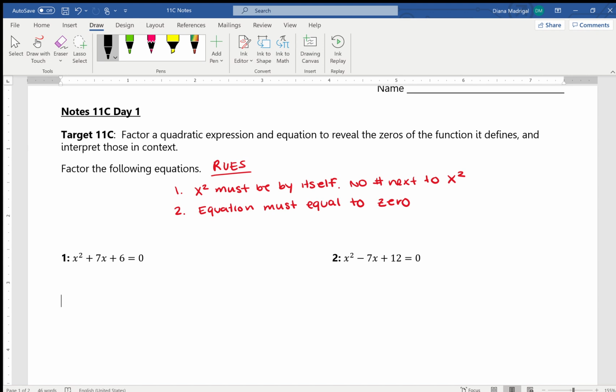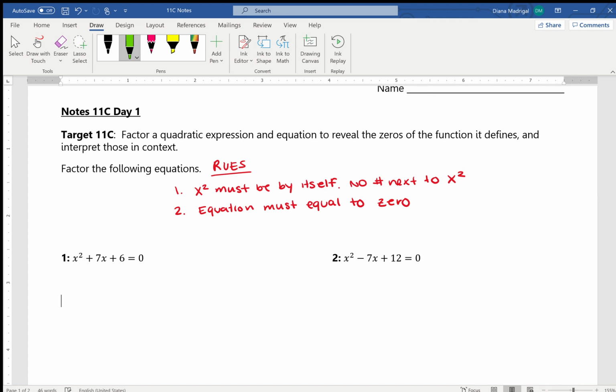Zeros are just the numbers that cross through the x-axis. As you remember, if I have a U shape, a quadratic, we have 2 points that cross through the x-axis, right? Well, those are called the zeros. So we are able to figure that out once we factor it out. So that's what we're doing for target C.